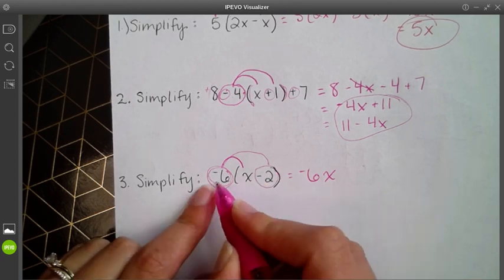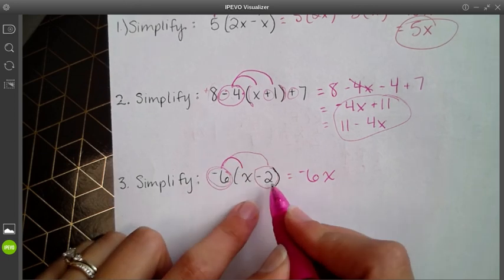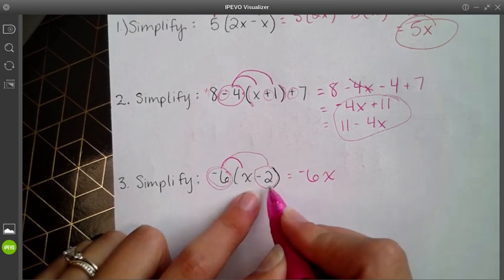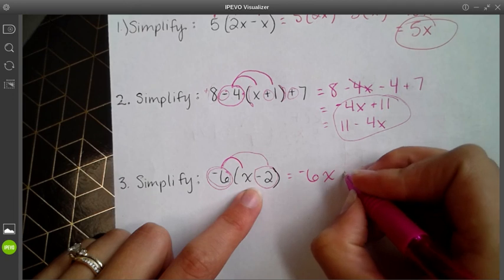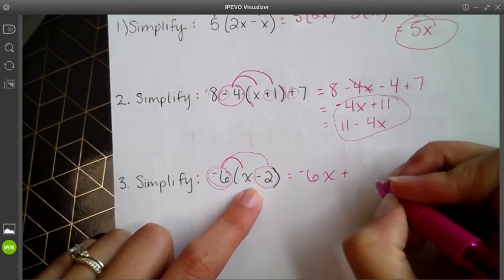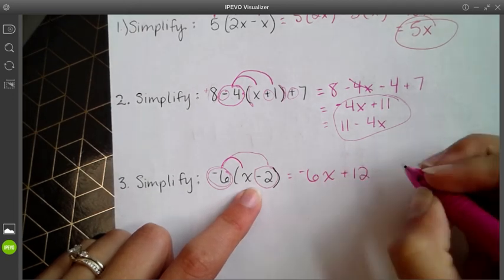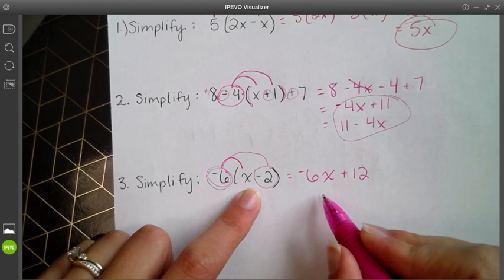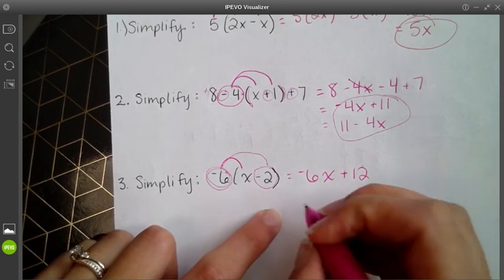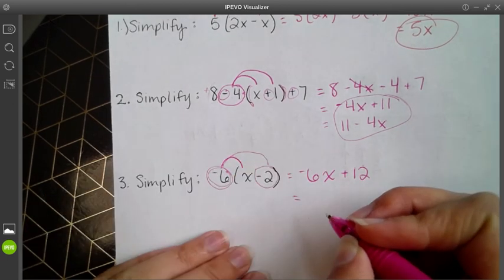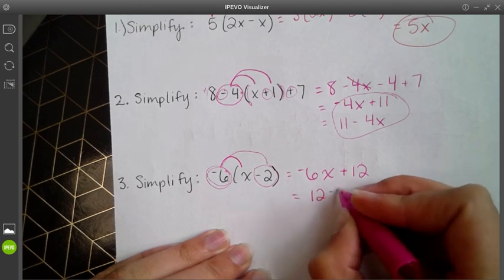So we have negative 6 times negative 2. A negative times a negative is a positive. And 6 times 2 is 12. So our answer is negative 6x plus 12. Or like this one before it, we can write that as 12 minus 6x.